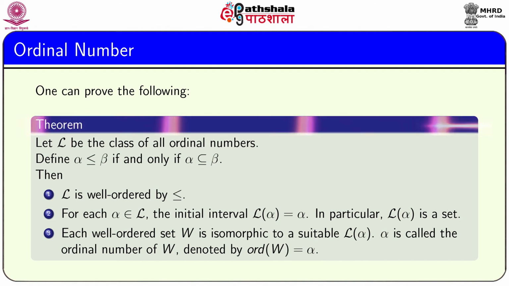For each alpha belonging to L, the initial interval L_alpha is equal to alpha. In particular, L_alpha is a set. Each well ordered set W is isomorphic to a suitable L_alpha. Alpha is called the ordinal number of the well ordered set W and we denote it by ord W.